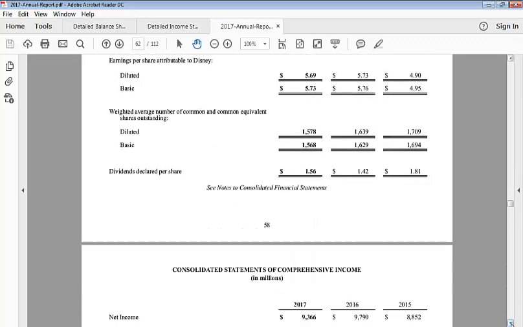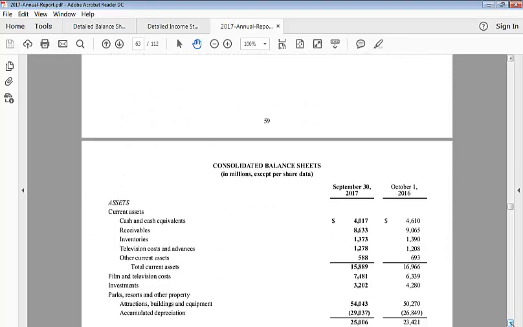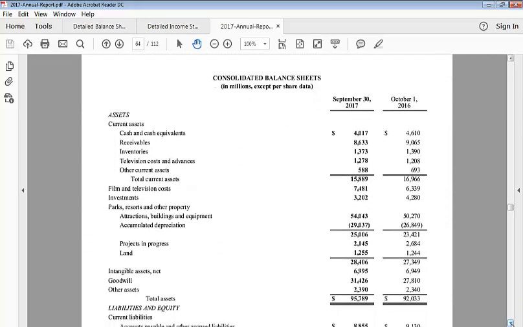If we go down to a balance sheet, we can see the same thing. We can see here are their current assets, cash, receivables, inventories, and so forth. We can see what they were in 2016 and 2017.